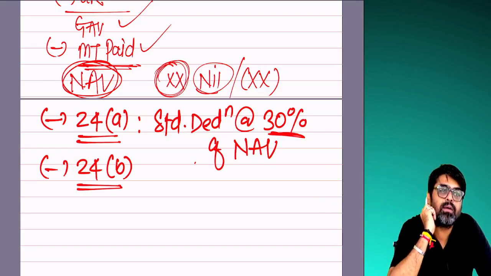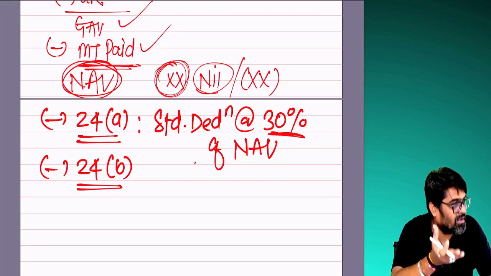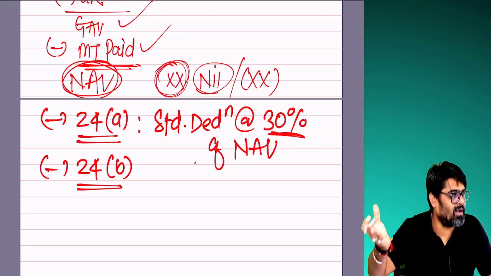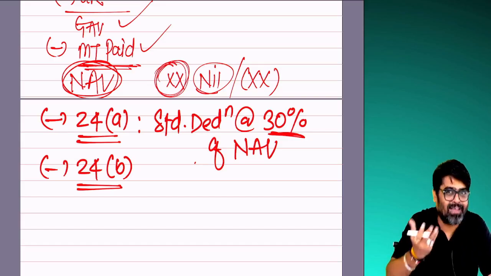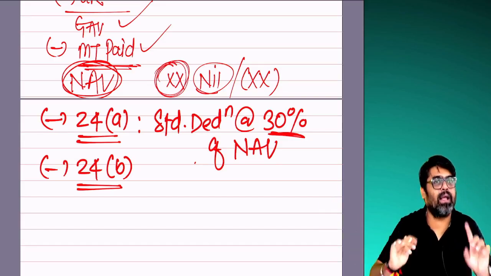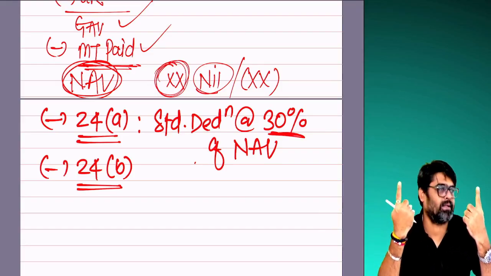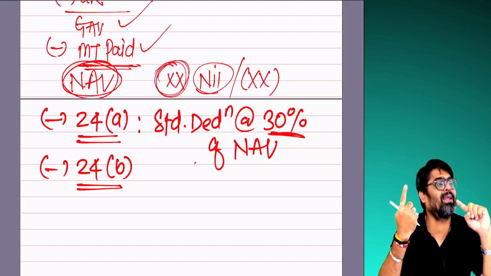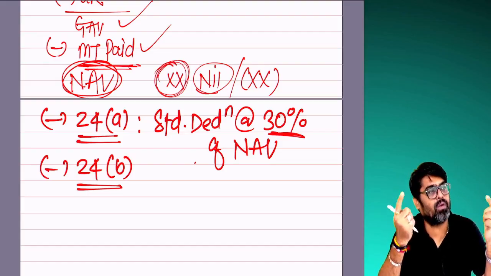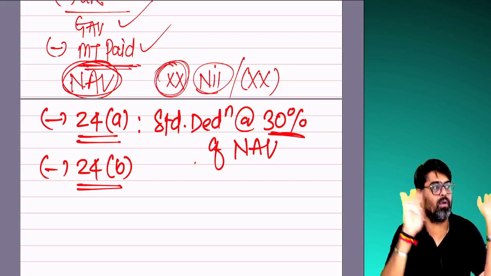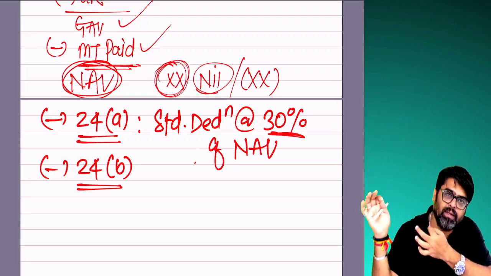But don't ignore municipal tax. That is allowed separately from your GAV. Don't ignore the interest on housing loan, because that is also allowed separately. Other than municipal tax and interest on housing loan, ignore all the expenses, because they are going to get covered by the 30% standard deduction.